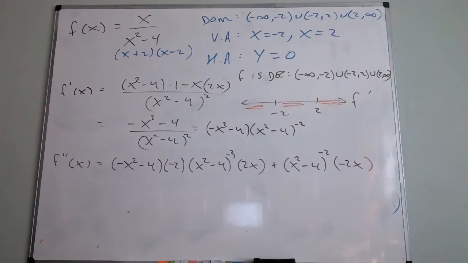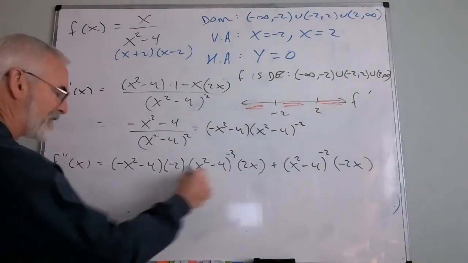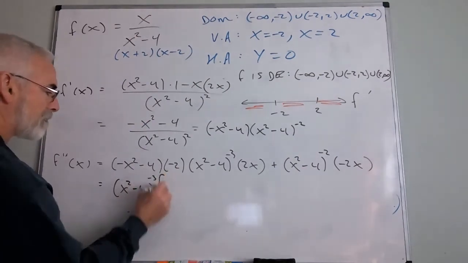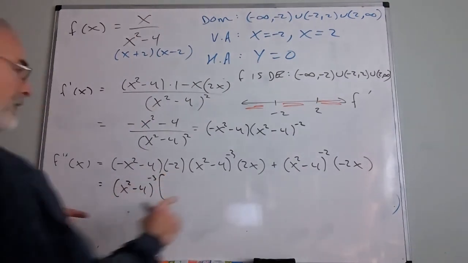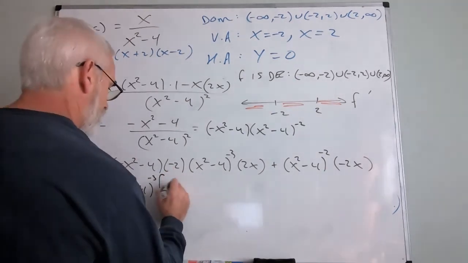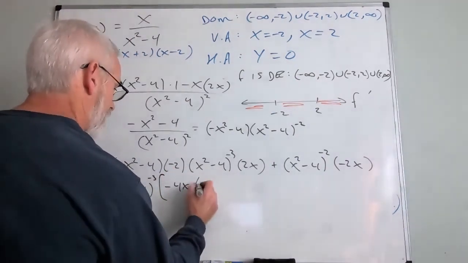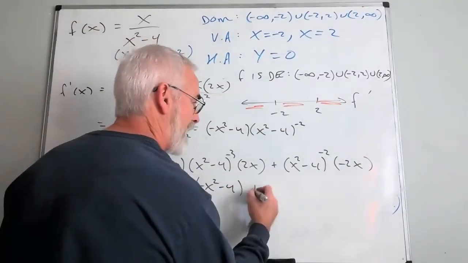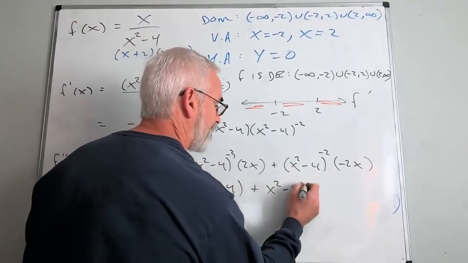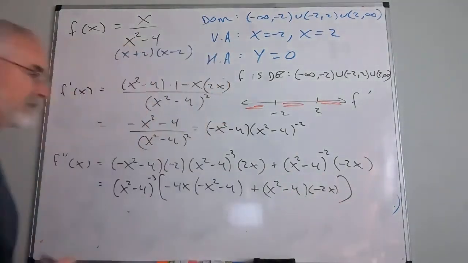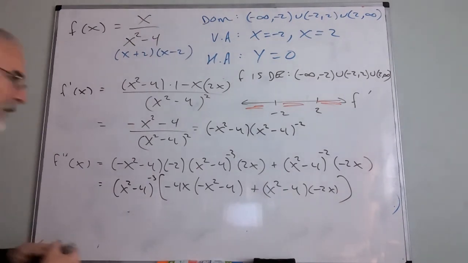And that looks kind of scary, but if I factor out this term right here, then what I have left is 2x times -2, that's -4x times -x squared minus 4. I have an entire x squared minus 4 times -2x. So that's just a polynomial. That will be a heck of a lot easier to deal with now.